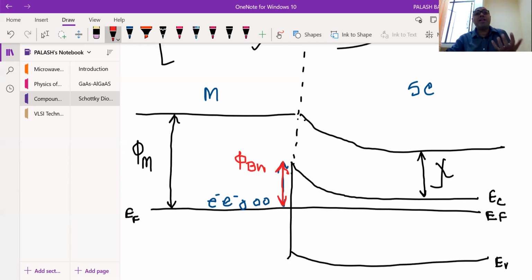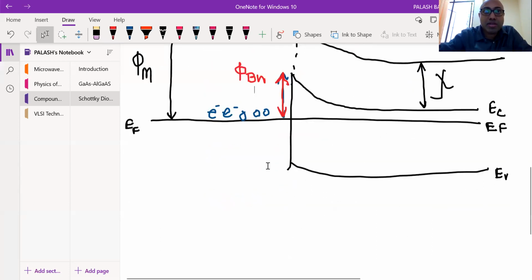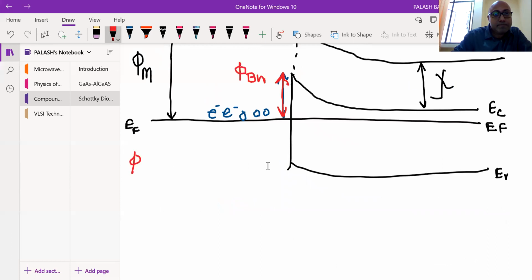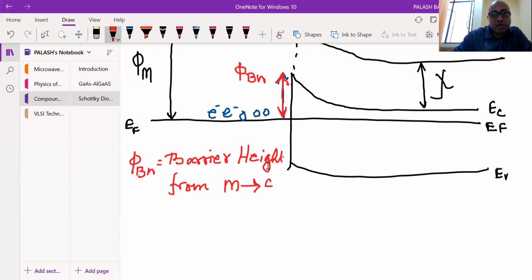It is the barrier height from metal to semiconductor.